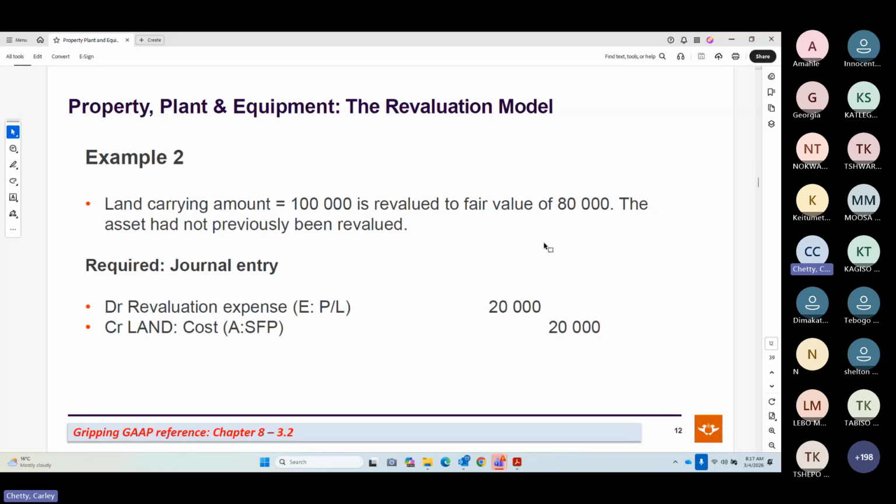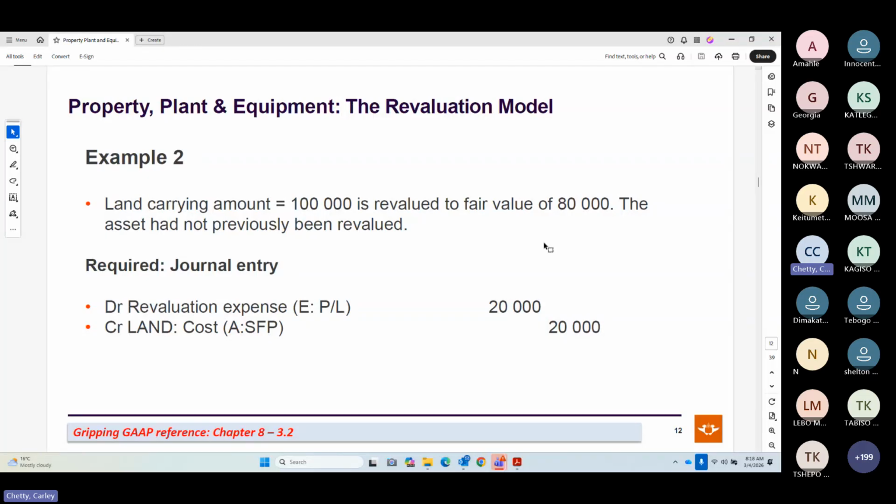Because there's no revaluation surplus from a previous revaluation relating to this item of PPE, here we are going to reduce the carrying amount from 100,000 to the fair value of 80,000, but we are going to debit it to revaluation expense. So our journal is going to be debit revaluation expense, which is an expense in the statement of profit and loss, and we are going to credit land cost.